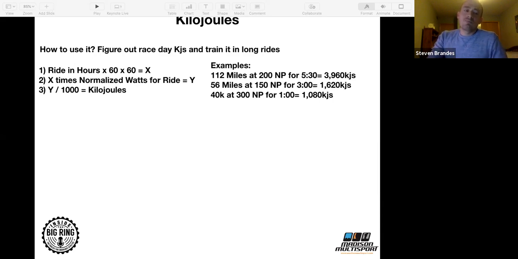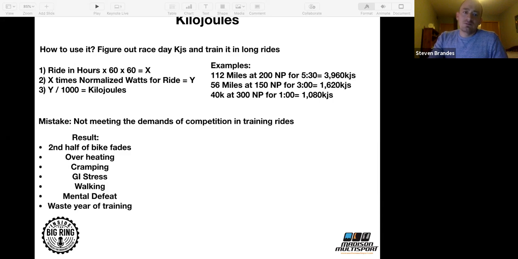These are the biggest mistakes I see people making: they're not meeting the demands of competition in training. A lot of times this is because they aren't aware of it. So this is one example. People go out, they're training for an Ironman or a half Ironman, and they just ride 56 miles, then do it again, 56 miles or 112.